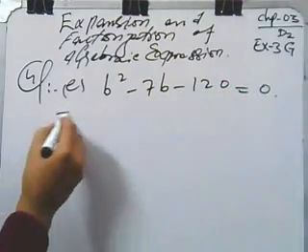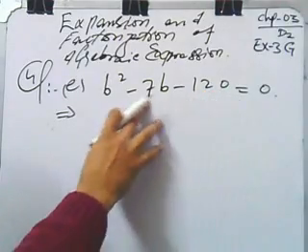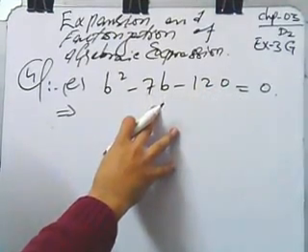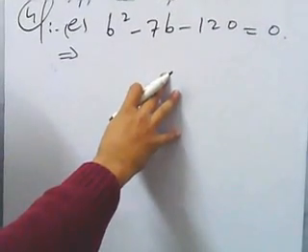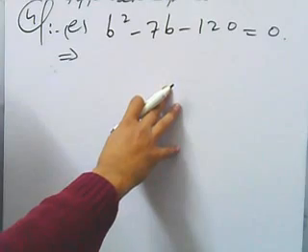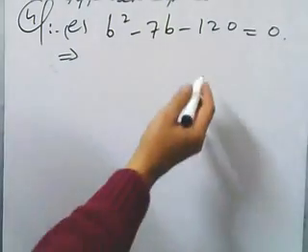So again, simple factorization. After multiplication you will get 120, and after addition or subtraction you will get 7. So multiply and find the factors.